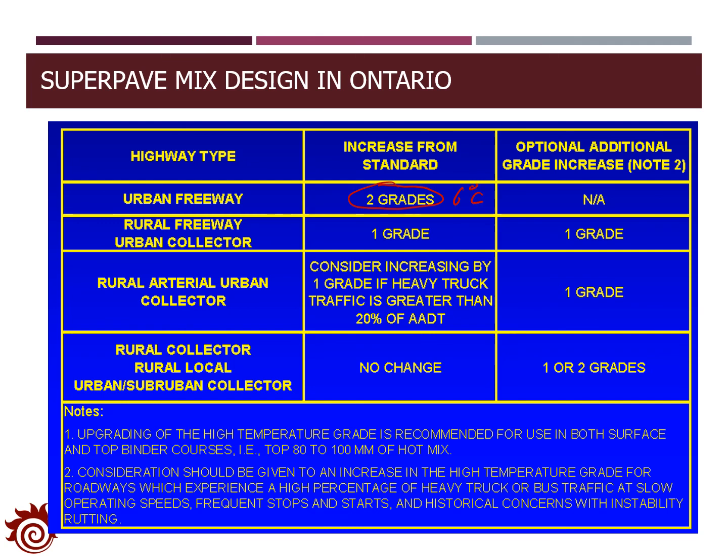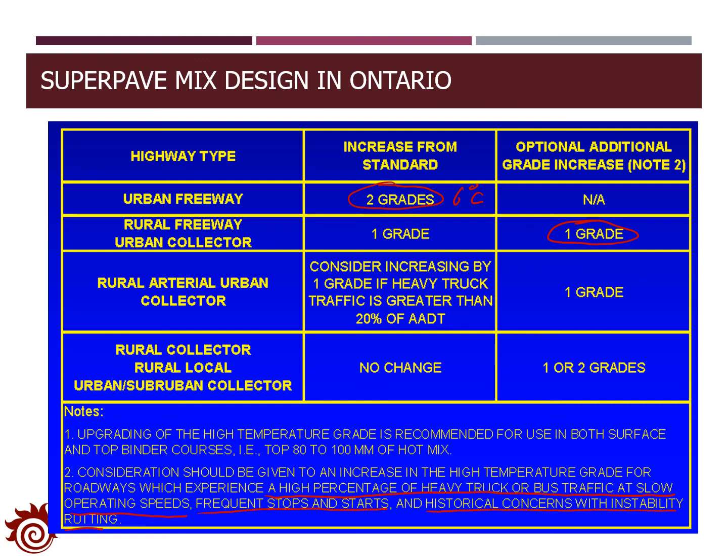For rural freeways and urban collectors, we have to apply 1 grade increase from the standard performance grade. If the road is experiencing a very high percentage of heavy truck or bus traffic at a slow operating speed, frequent stops and starts, and a historical concern with the instability rutting, then we have to add 1 additional grade increase.